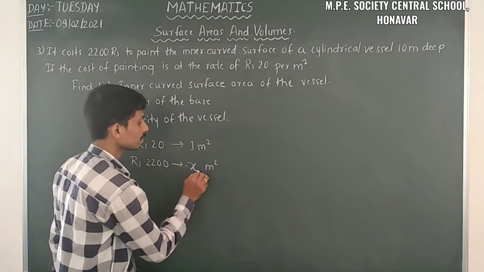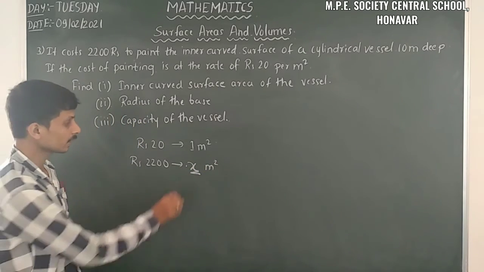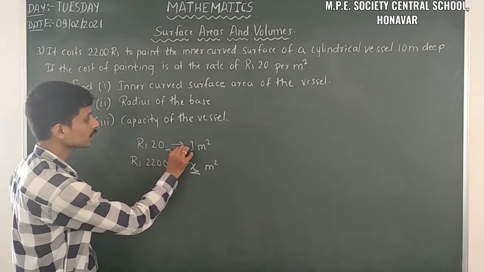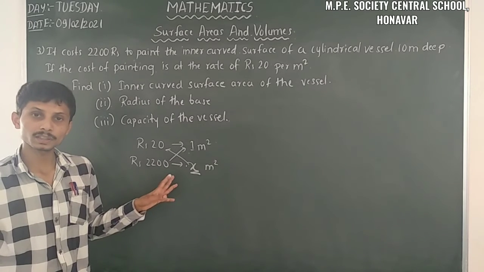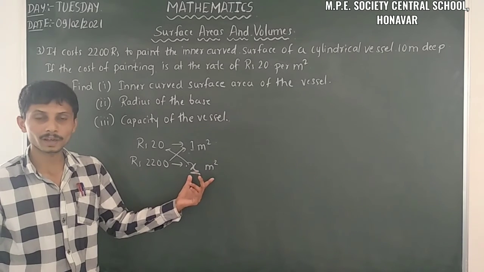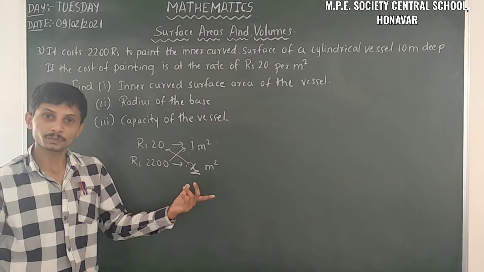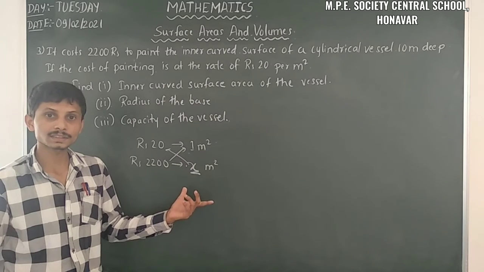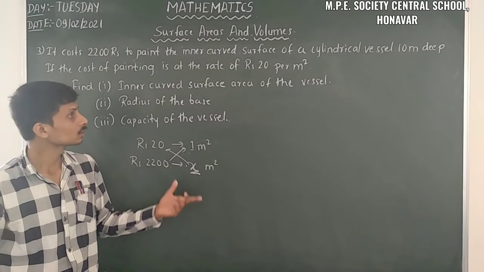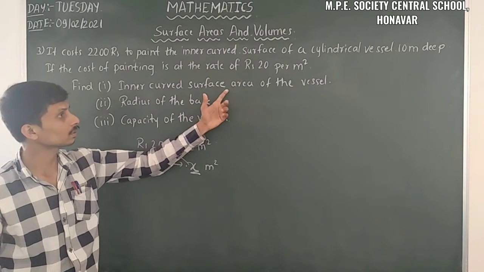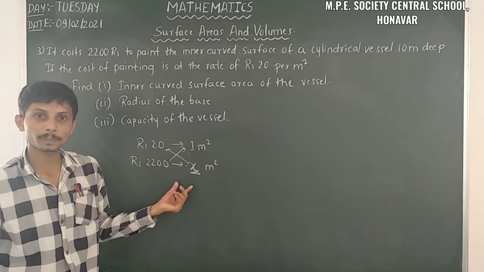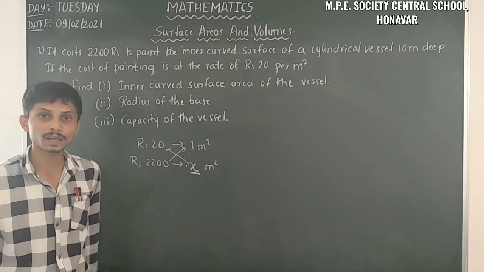That is x we have to find out. So we take the cross multiplication, then followed with the equal to sign, then we find the value of x. The value of x is nothing but the inner curved surface area.